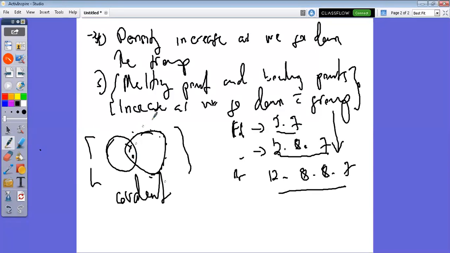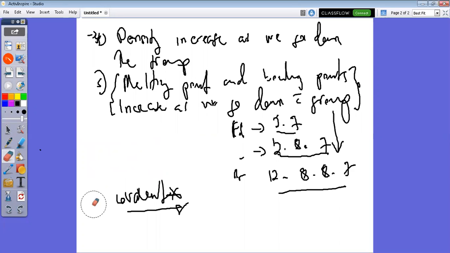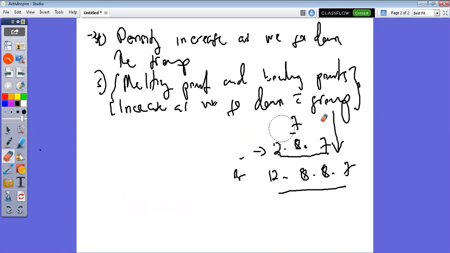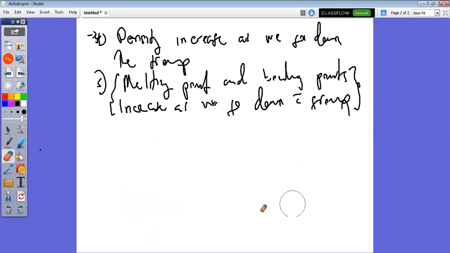The covalent bond becomes strong because the number of electrons is increasing as we go down. If the covalent bond becomes strong, it means you need high energy to break it. Therefore, you need high energy, but you rarely get such a question. Okay, so you need the high energy to break that.